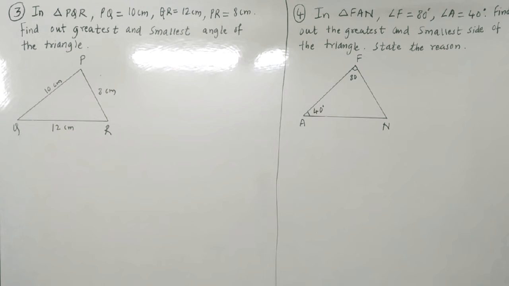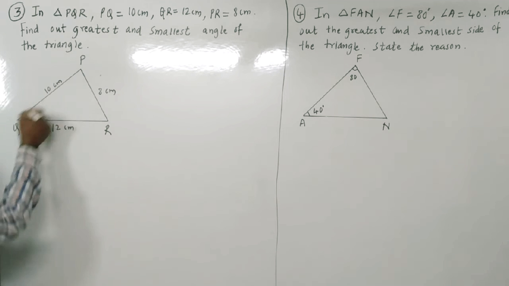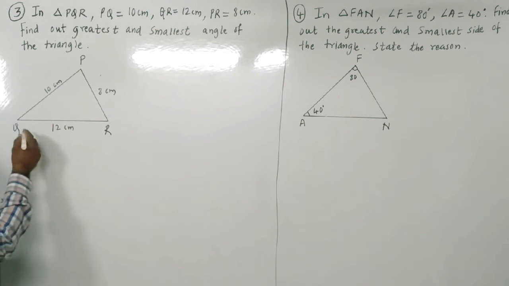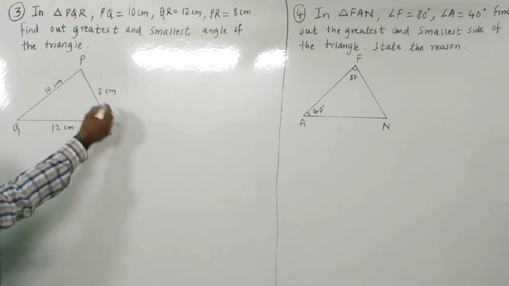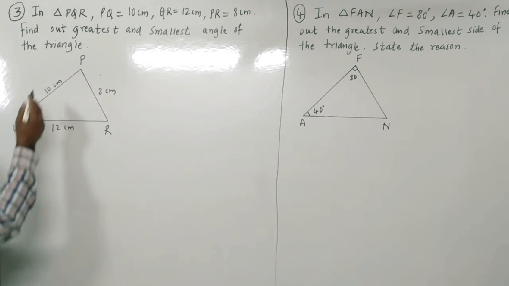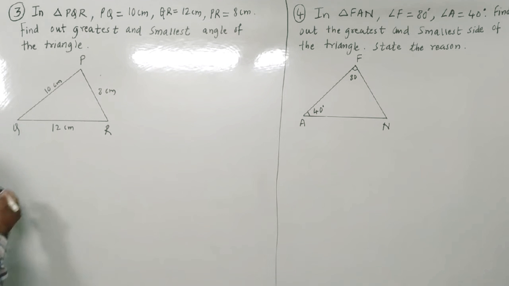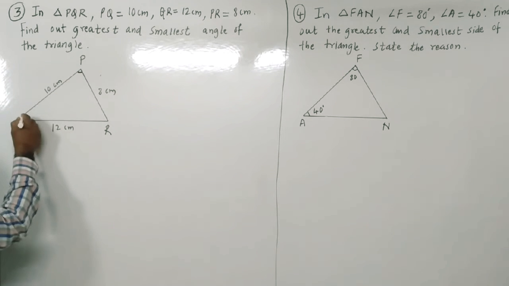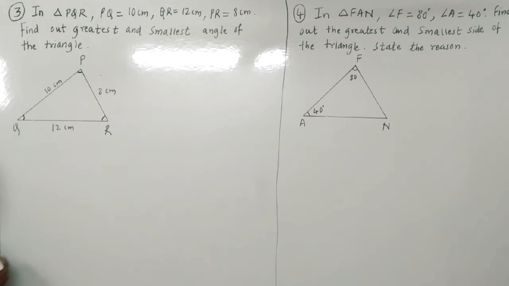Third example: in triangle PQR, PQ is equal to 10 centimeter, QR is 12 centimeter, and PR is 8 centimeter. Find out the greatest and the smallest angle of the triangle. Which is the greatest angle and which is the smallest angle we have to find.